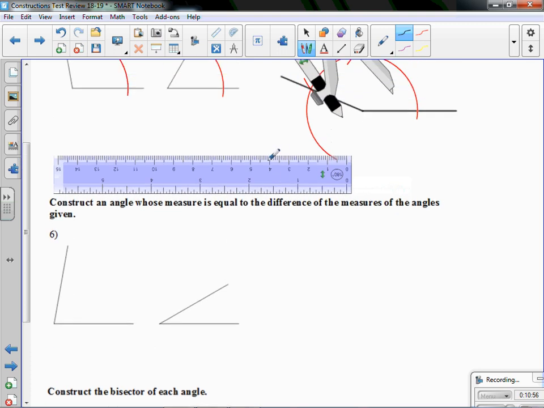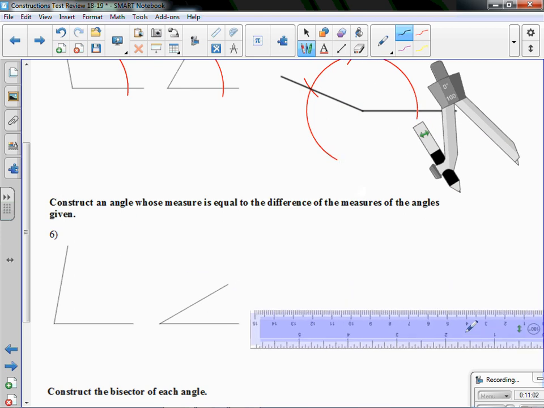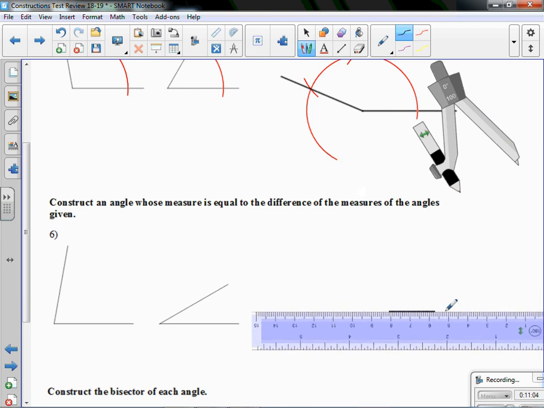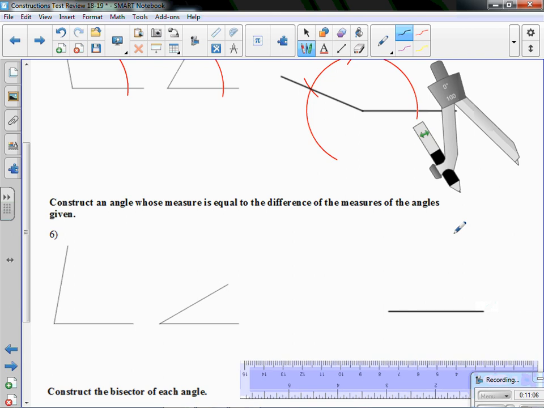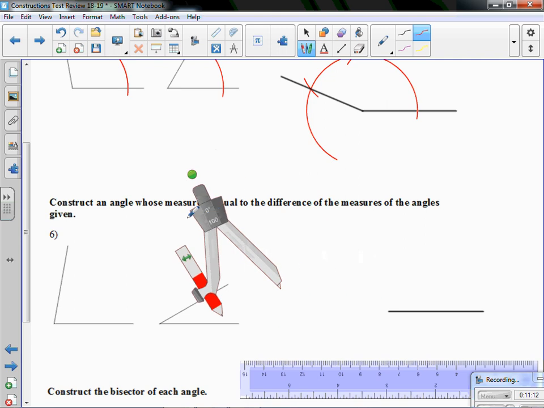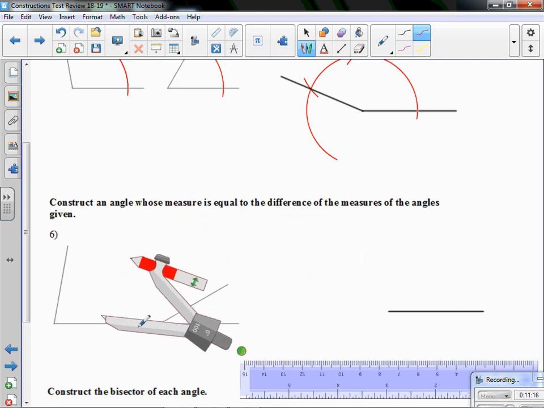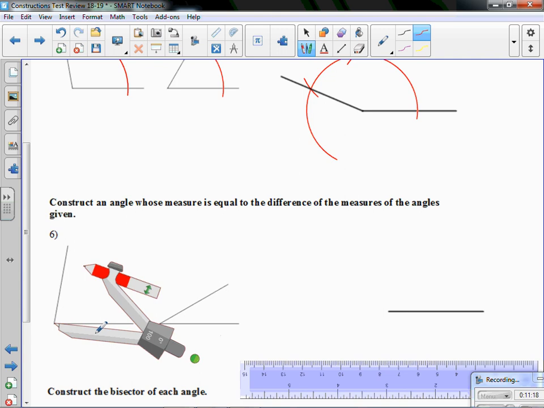Alright, so next one, construct an angle whose measure is equal to the difference. So once again, we're going to start with a line segment, like so. Take our compass, and we're going to make an arc on both of these angles.